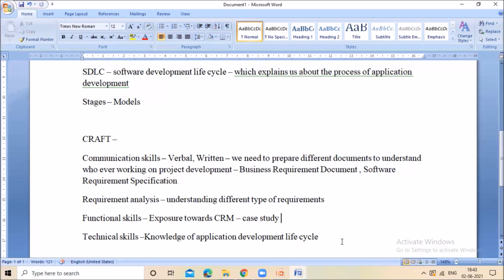So it varies with the kind of project we have, the kind of customer we are managing, and the kind of experience we have. It varies with the kind of model we are choosing. For example, if you are using traditional models, the approach will be different. If you are using an agile process, the process is different.